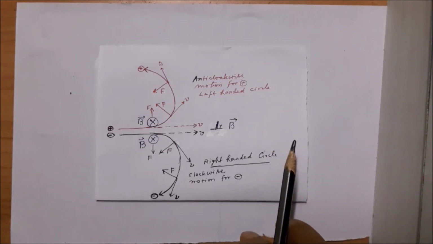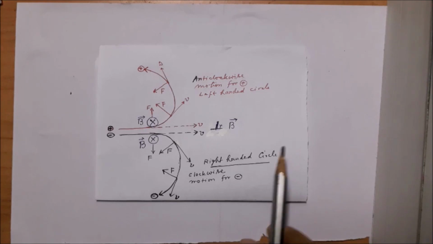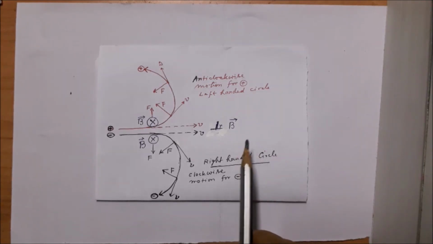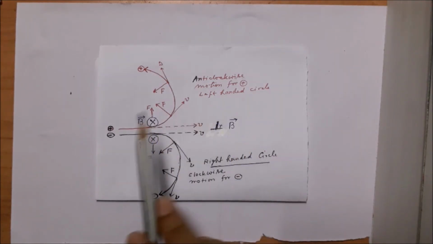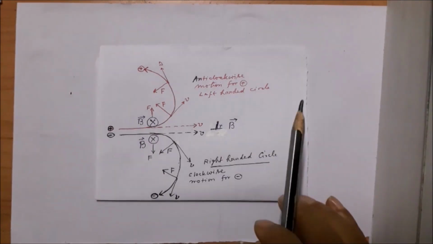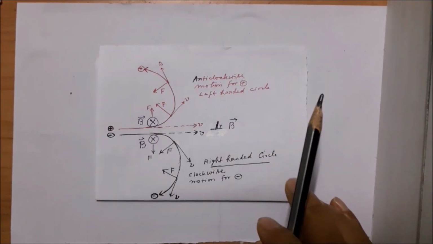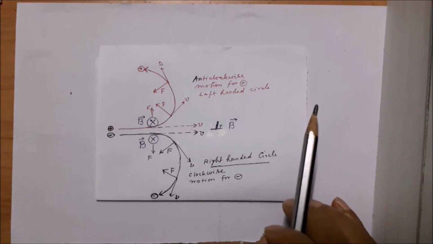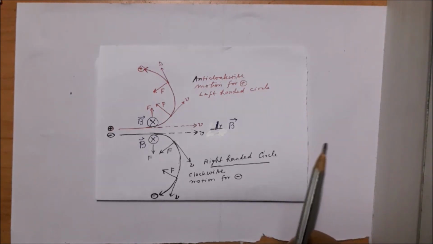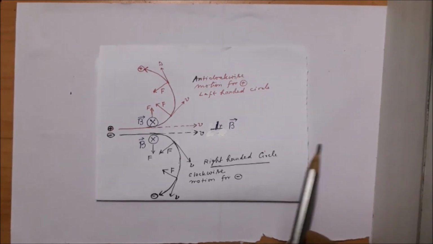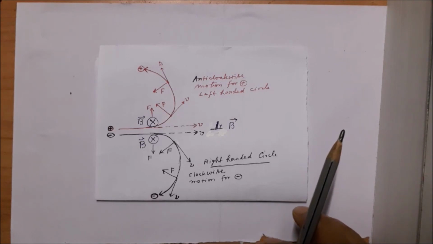We also have to discuss another very important aspect, namely the nature of traverse of the circle, whether clockwise or anti-clockwise, or whether the circle is left-handed or right-handed. This also can be done immediately without going into rigorous calculation.